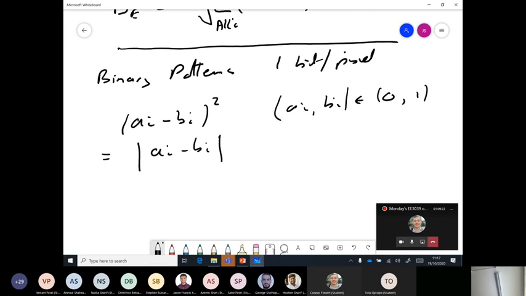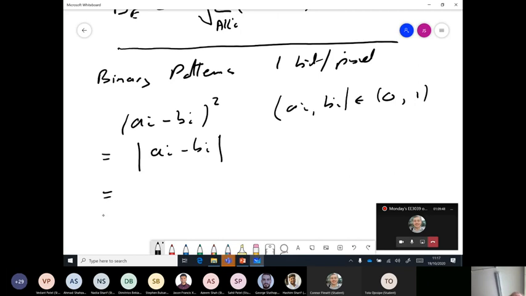To check, A is 0, B is 1. This term is going to be 1 because 0 minus 1 is minus 1, squared is 1. Mod 0 minus 1 is 1. And you can check out for the other three values, A is 1, B is 0, A is 0, B is 1, and A is 1, B is 1.